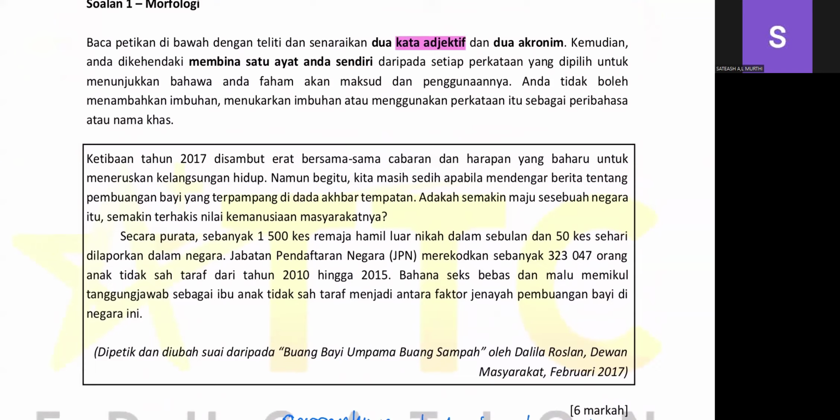And then after you find dua kata adjective, dua kata acronym, you need to bina ayat, which means you need to have 4 sentences, bina ayat. But then in class, I normally won't practice with you bina ayat because I can't aim the exactly same answer. So bina ayat is 8 hingga 9 patah perkataan, which is 8 to 9 words is enough.